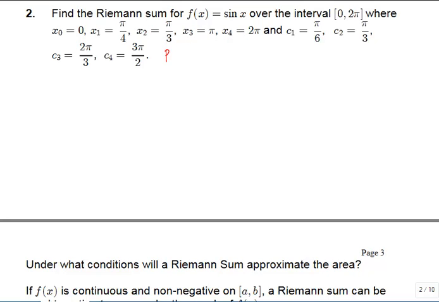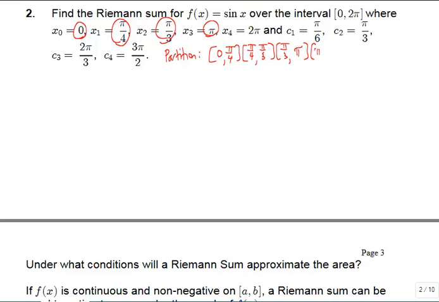So to write our partition in a format we're more used to, it starts at 0, that's this point here, and then goes up to pi over 4. So there's your first subinterval. Then we pick up at pi over 4 and go to pi over 3. Then we pick up at pi over 3 and go to pi.